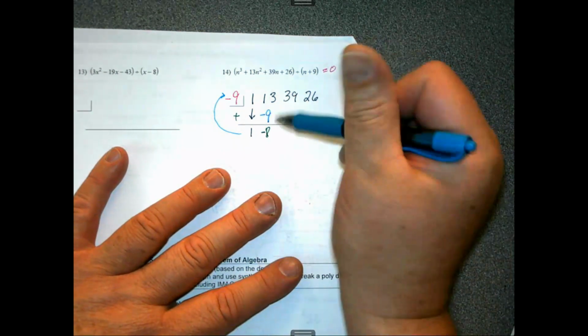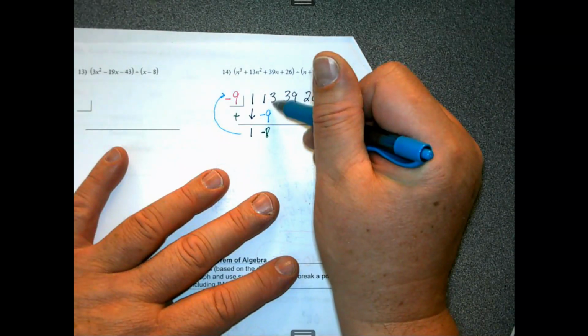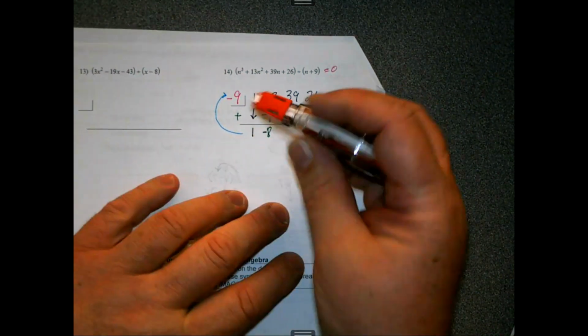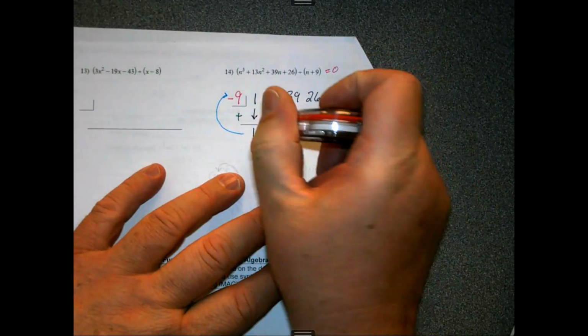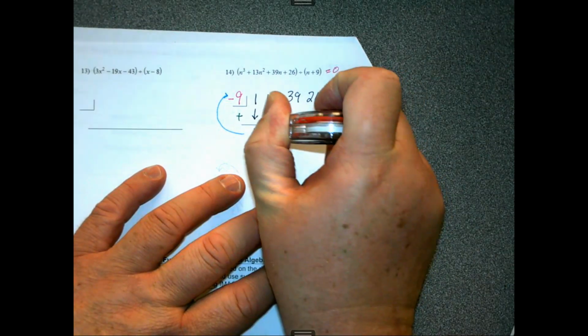times. Oh, wait, I'm sorry. That's 13. My fault. I was looking at the 1. It'd be 4, right? Almost made a huge mistake. It's like accounting. You got to go back to the beginning of the problem if you make a mistake.